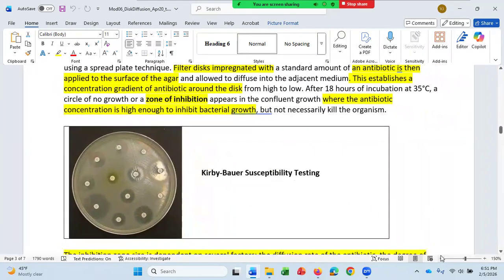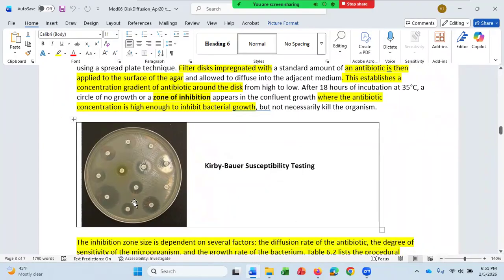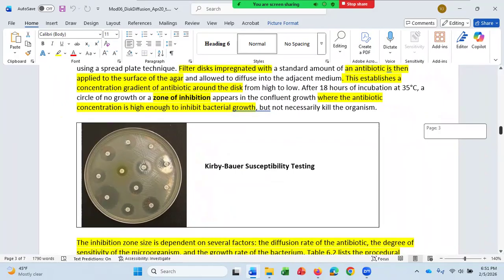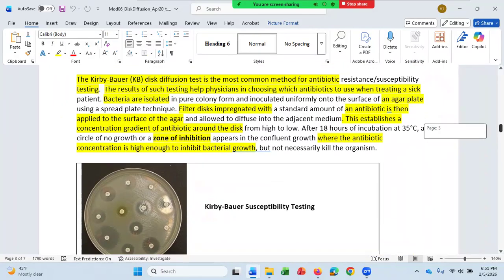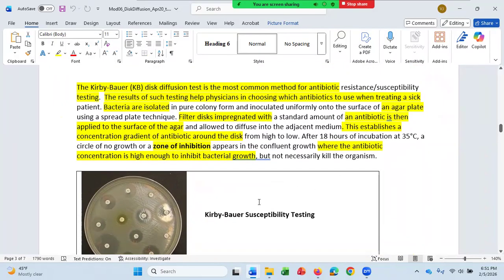Then you place various paper discs with different antibiotics on the plate, incubate the plate, and take a look at the zone of inhibition to determine which antibiotic to use against this bacterial infection. And so you can use the Kirby-Bauer method to determine which antibiotic to use.